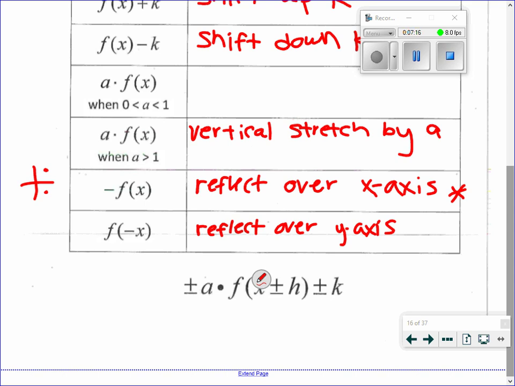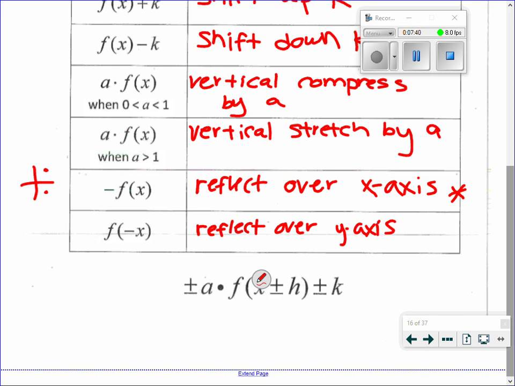And then we also said this one became more flat. So what we call that is a vertical compression, and that'll be by factor A. So with the stretch, I took it from the top and I stretched it up.